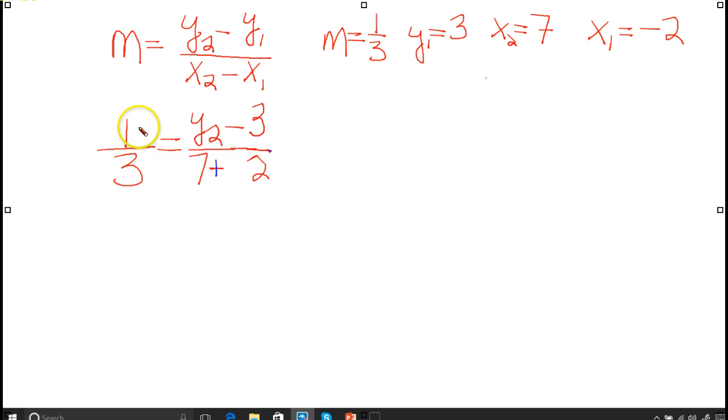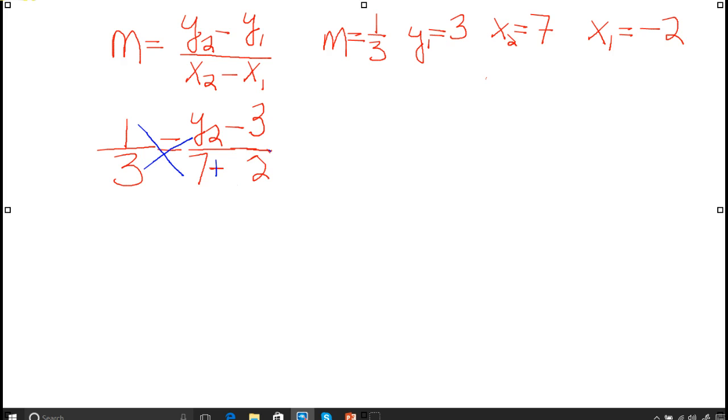Now, a special way of multiplying something like this is what is called cross multiplication. That is, when you have a fraction equal to a fraction, we can cross multiply this way. So we can simplify this a little bit too. 7 plus 2 is going to end up as a 9.